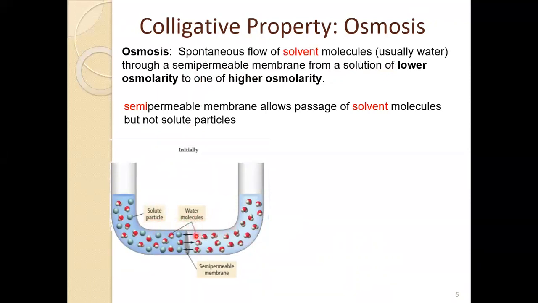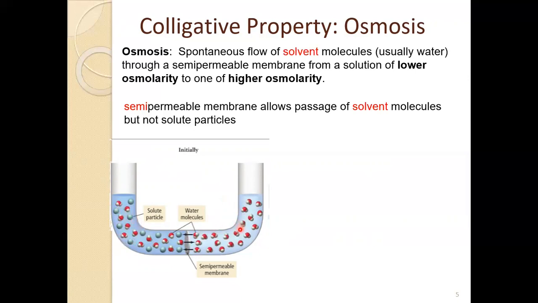So we have this picture representing two different substances. On the right, we have a pure water substance, and on the left, we have some type of solution of water with these blue solute particles. So necessarily what's on the left is more highly concentrated, it's higher osmolarity. As a result, if we set this up with the semi-permeable membrane, over time there'll be a net flow of water from the lower osmolarity side to the higher osmolarity side.